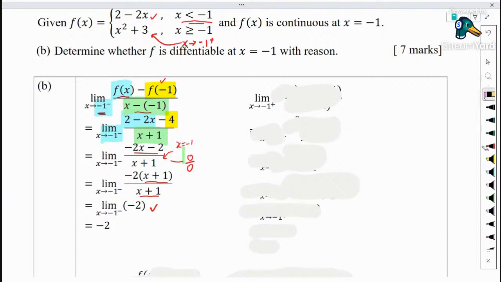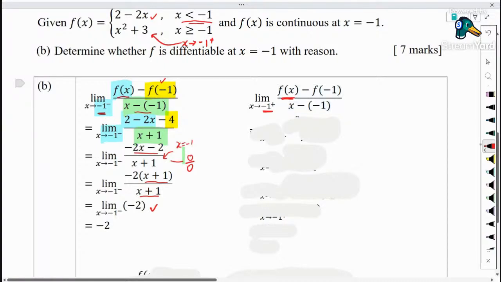The right-hand limit, x approaches -1 plus, the function will be f(x) minus f(-1) over x minus -1. And now for f(x), in the case of the right-hand side limit, I should be using the second function, which is x squared plus 3. So I substitute this function f(x) again, substitute also f(-1) according to the result in part A, and also simplify the denominator.